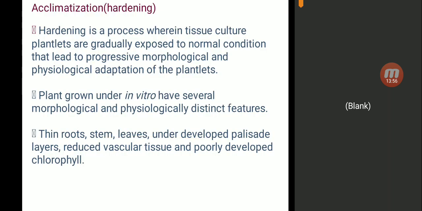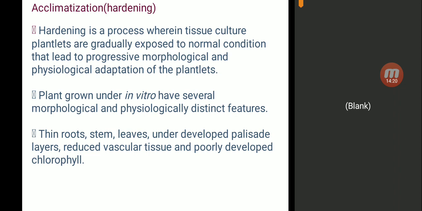The last important concept in tissue culture is acclimatization. This is a very important concept because even people have to acclimatize to a certain environment. When they are shifted from one place to another, they are subjected to the stress of that particular place.